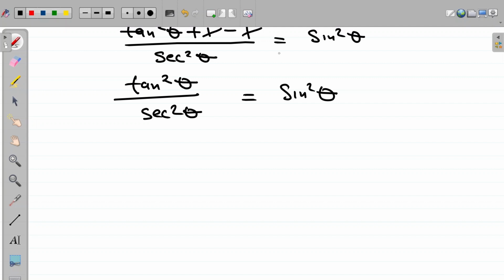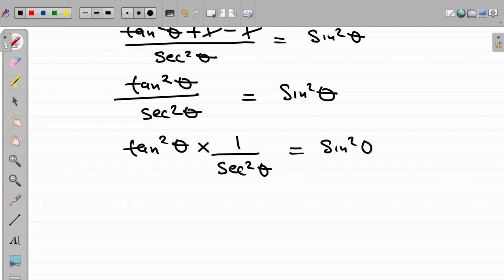The left-hand side of our equation can now be expressed as tan square theta multiplied by 1 divided by sec square theta, equal to sine square theta. But 1 divided by sec square theta is equal to cos square theta. Therefore, we obtain that tan square theta times cos square theta is equal to sine square theta.